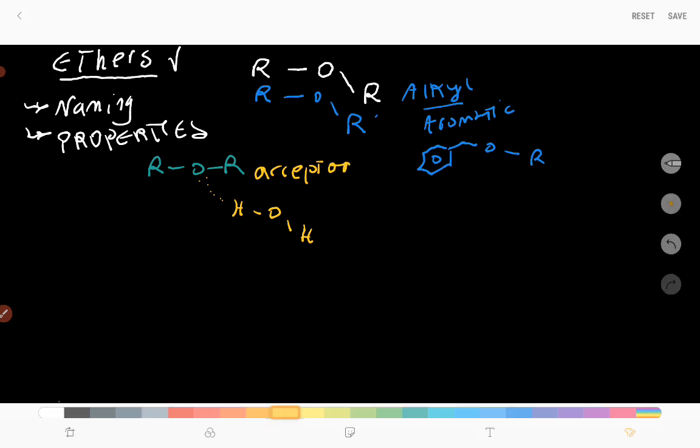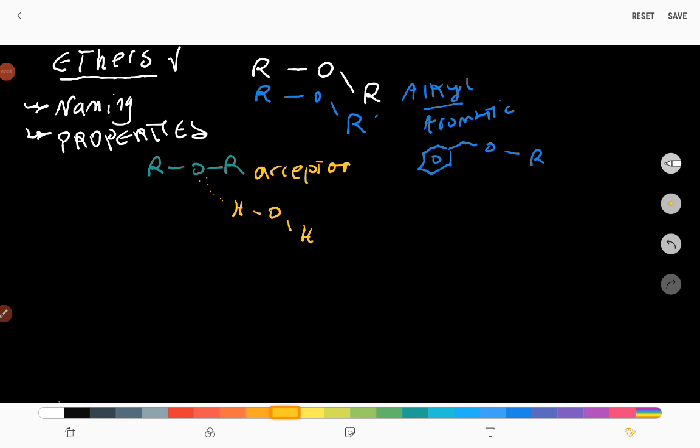Because they are not donors of the hydrogen bond, the ethers are not miscible with water, and they cannot form powerful hydrogen bonds that can solubilize them with the water.